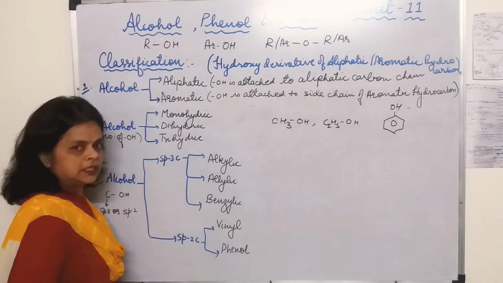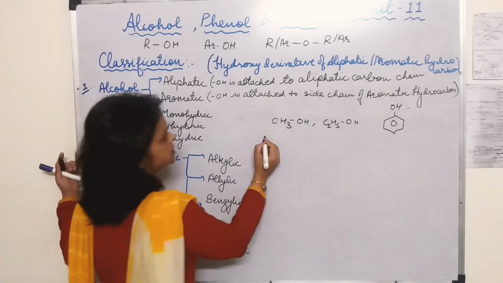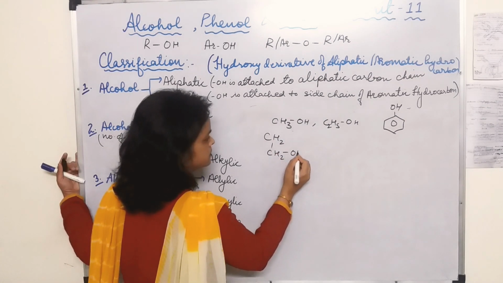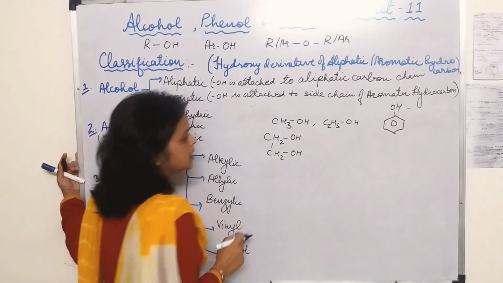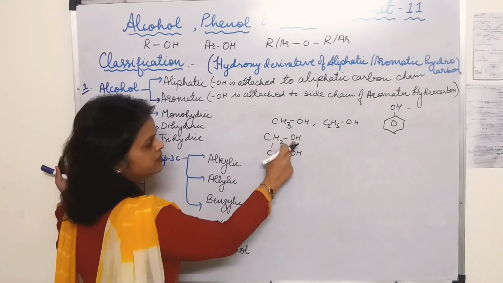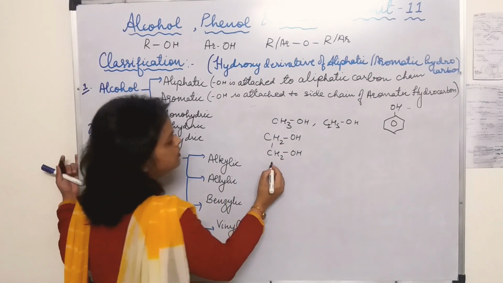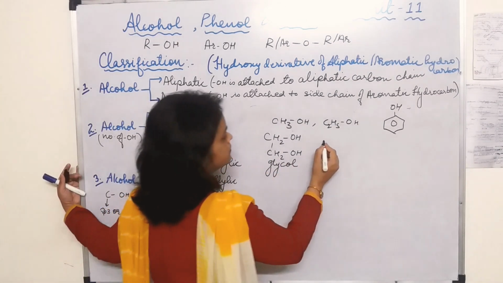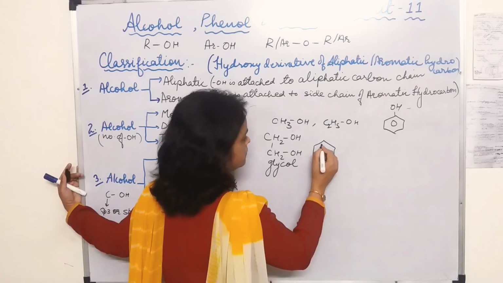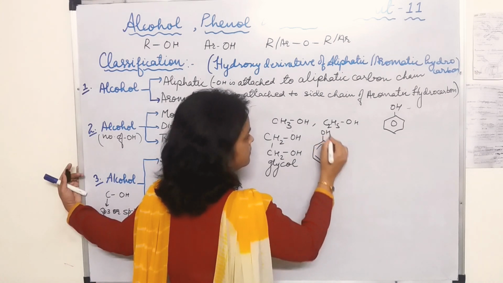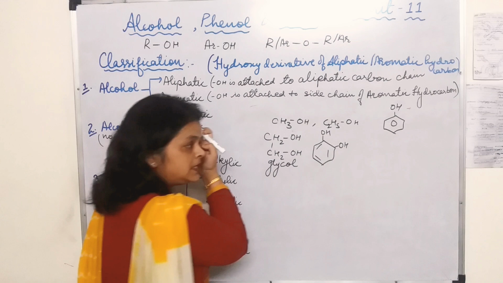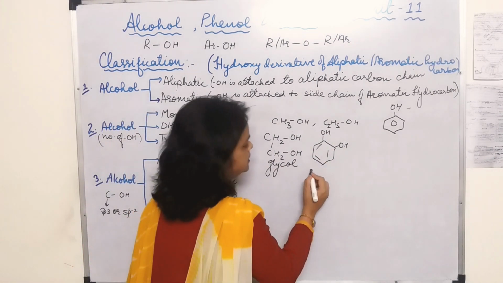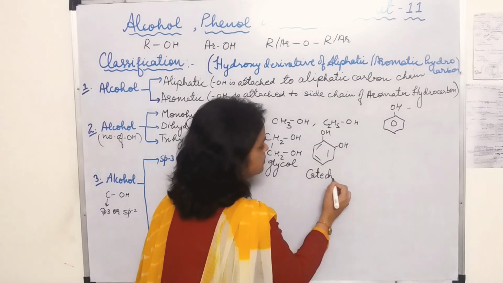Now dihydric, that means 2 OH groups. Let's draw the example. This is an aliphatic hydrocarbon and we have 2 OH groups. The name of it is glycol. Now if 2 OH groups are attached to a benzene ring at the ortho position, then its name is catechol.